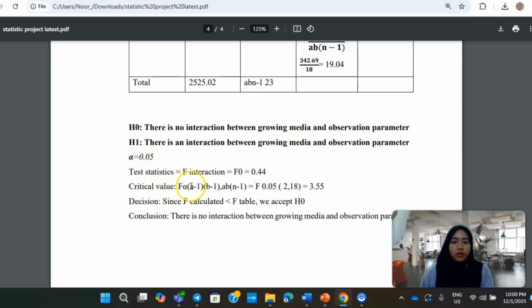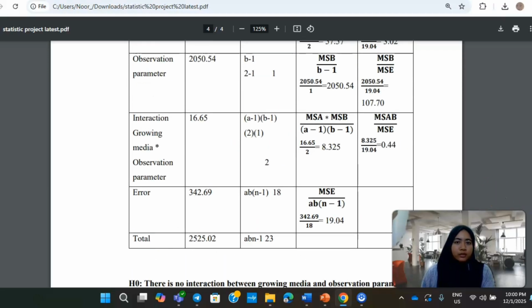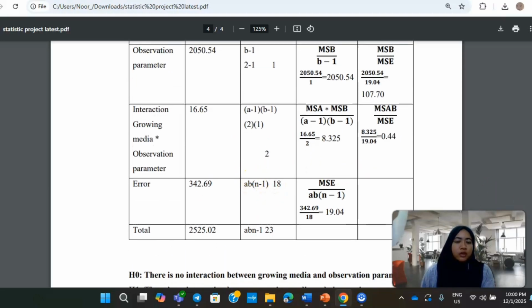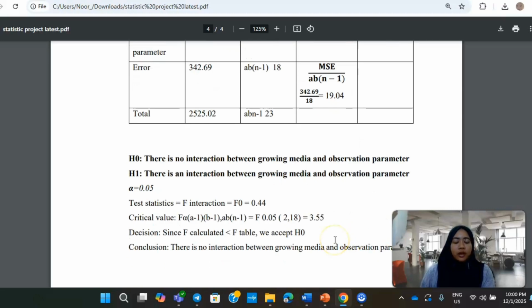For the critical value, F alpha with A minus 1 multiplied by B minus 1 and A multiplied by B multiplied by N minus 1 degrees of freedom, which are 2 and 18, we look at the F table and get 3.55.